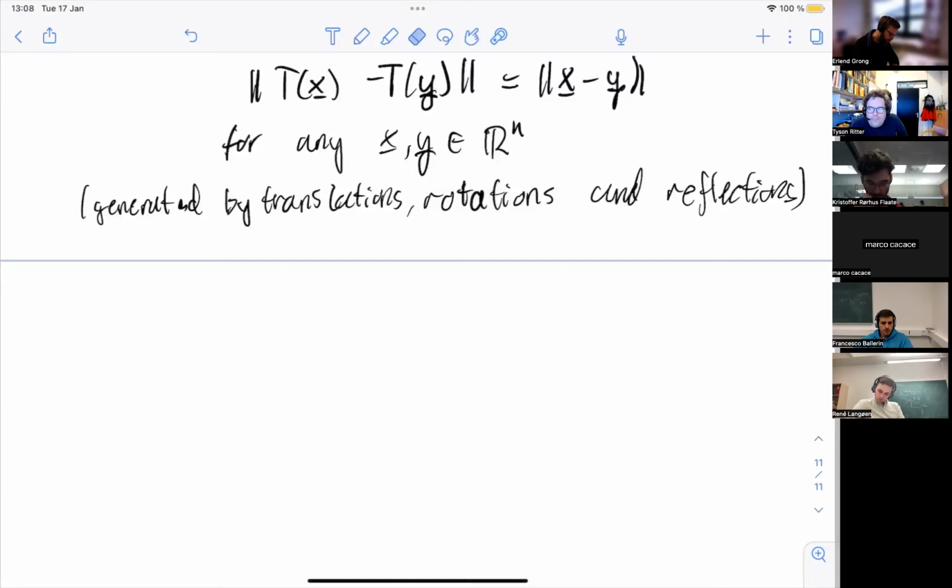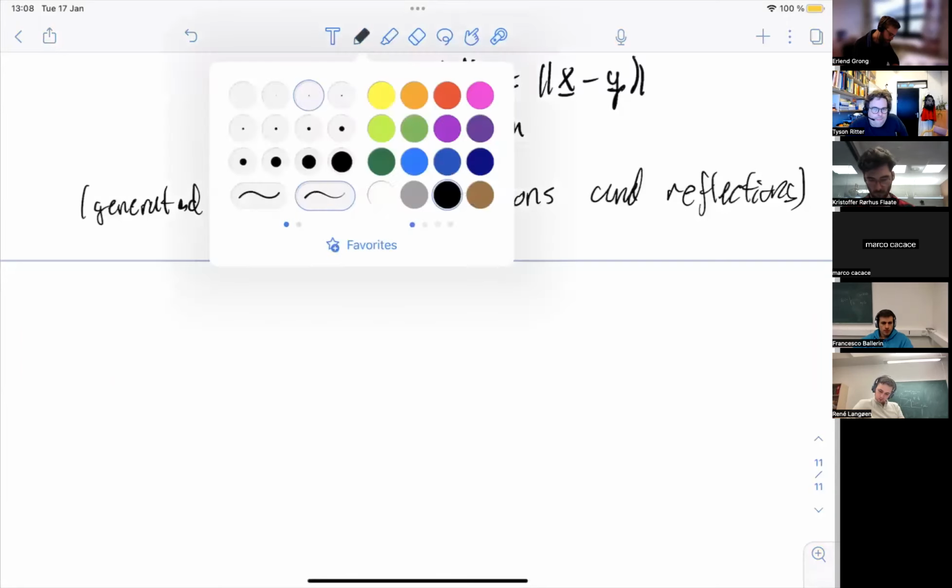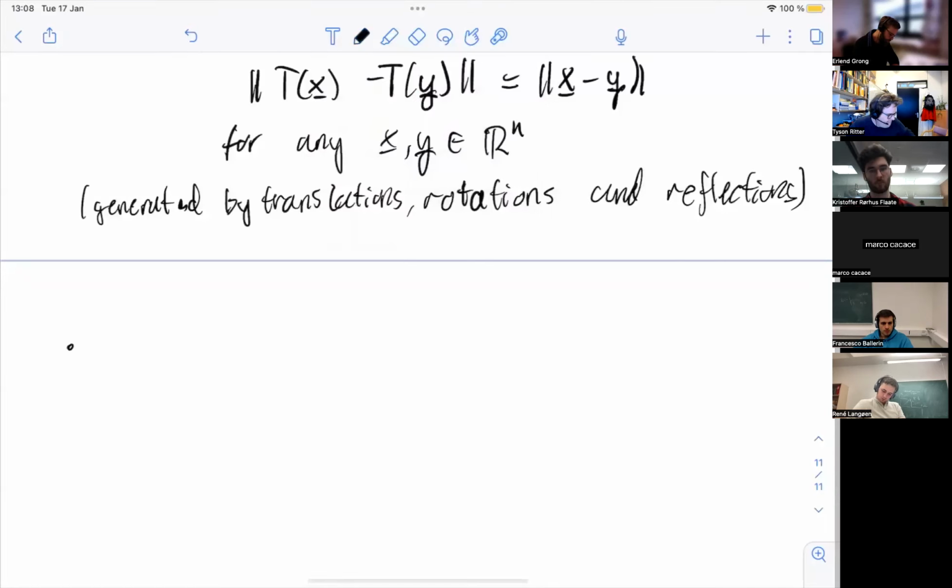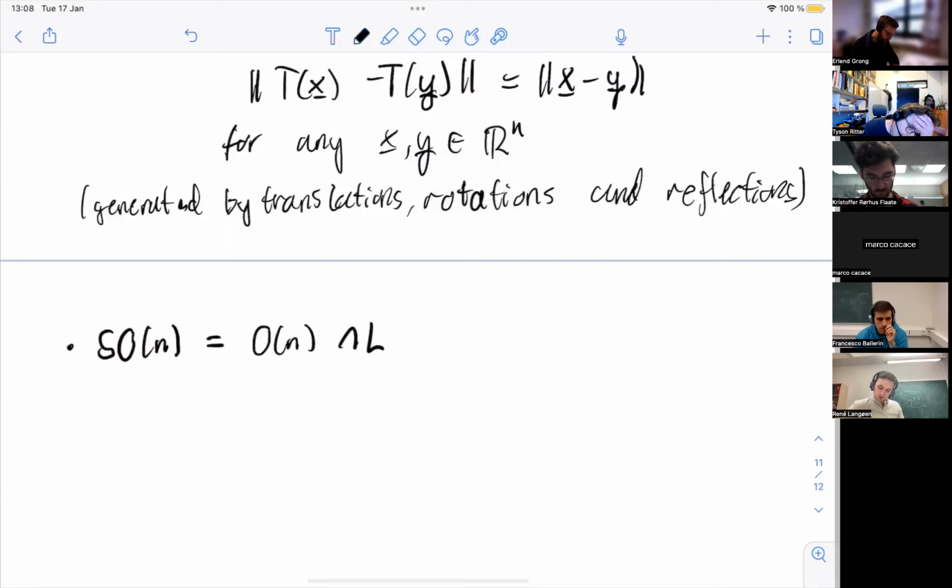So let's do another example. Let's do SO(n), which is O(n) intersected with SL(n, R).